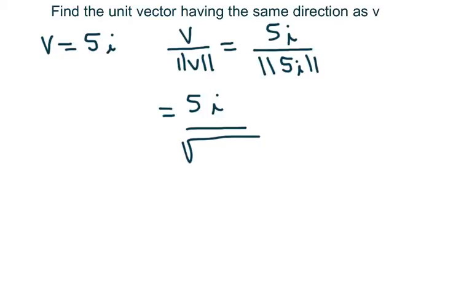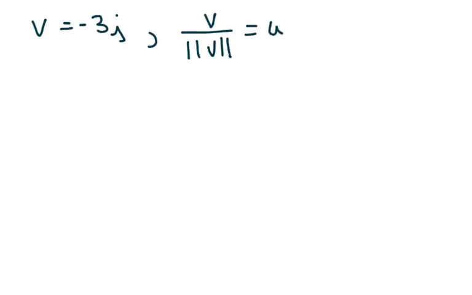You're just going to do 5 squared plus 0 squared, and that's going to equal 5. So 5i over 5 equals i. The next one is v equals negative 3j. We want to write it in this form because that equals our u.